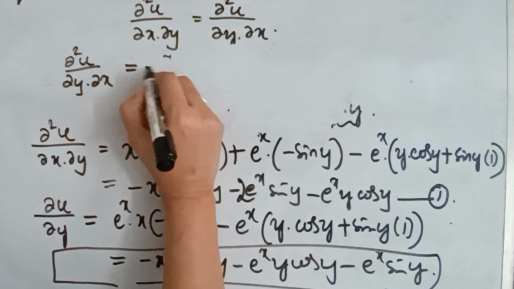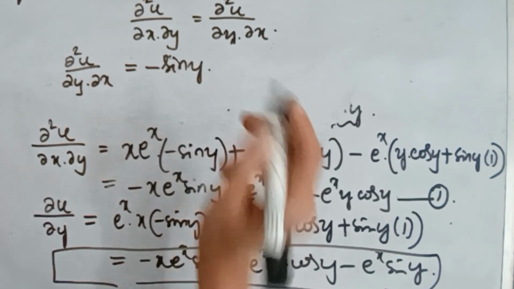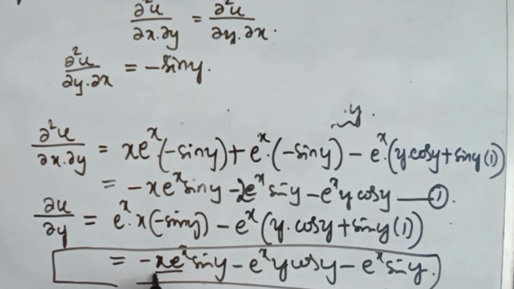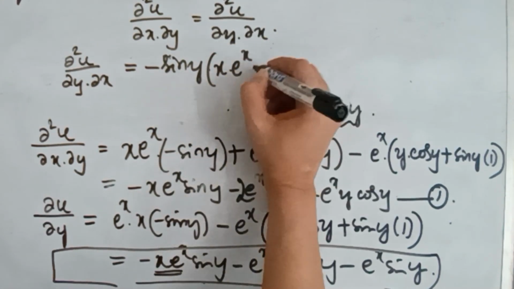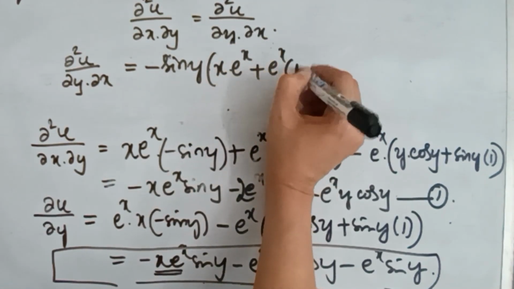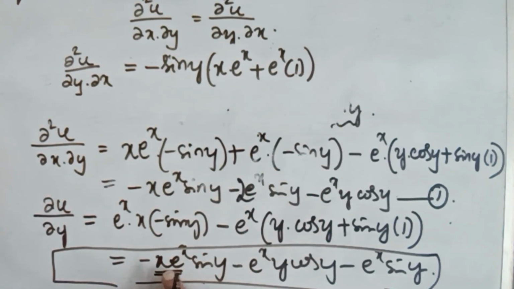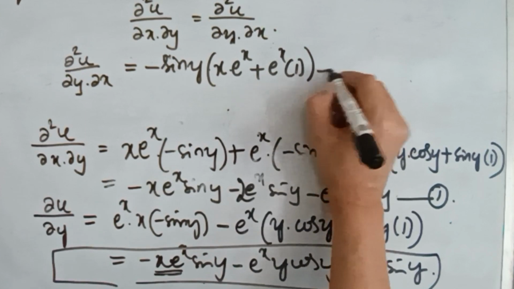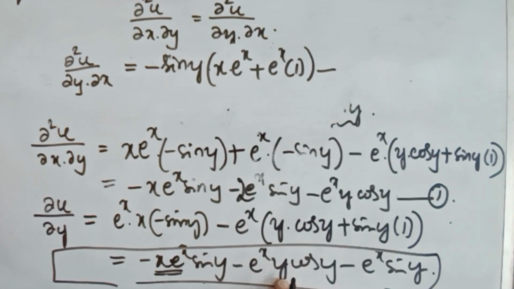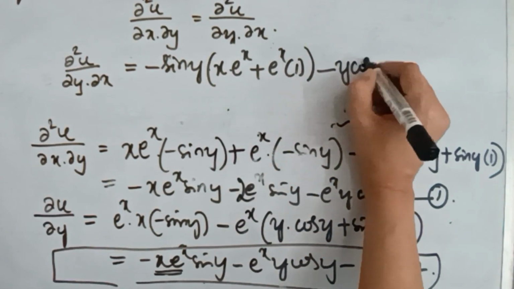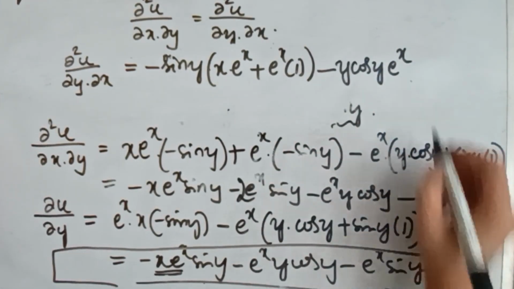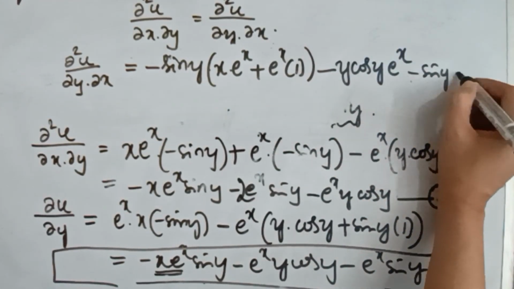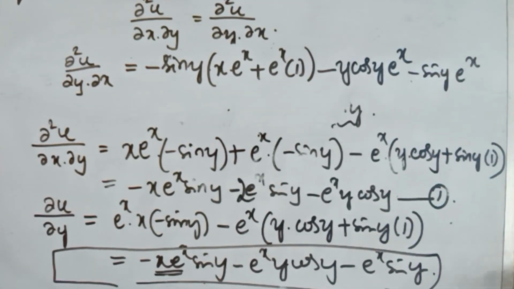So minus sin y, it is a constant, minus sin y, x e^x, you have to apply the product rule. x into derivative of e^x is e^x, plus e^x and derivative of x is 1. (uv)' is uv' plus vu'. Minus y is taken as constant, so y cos y is constant, derivative of e^x is e^x, and here y is constant, sin y is a constant, derivative of e^x is e^x.